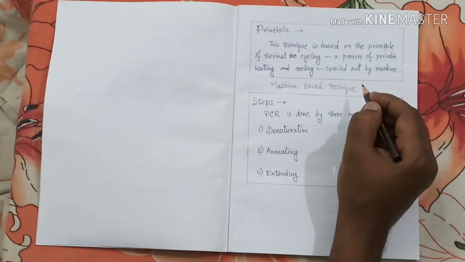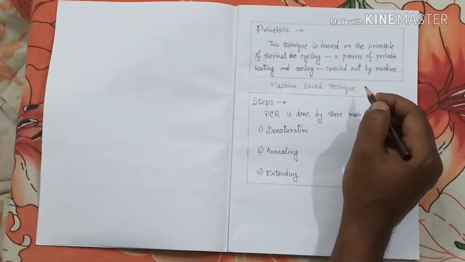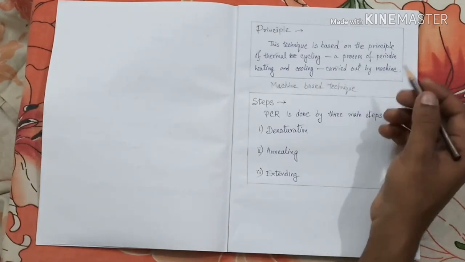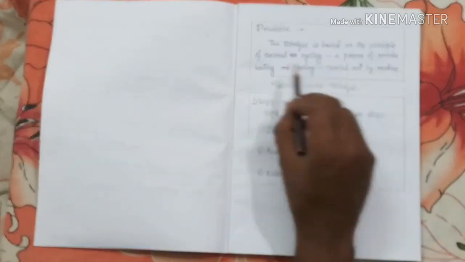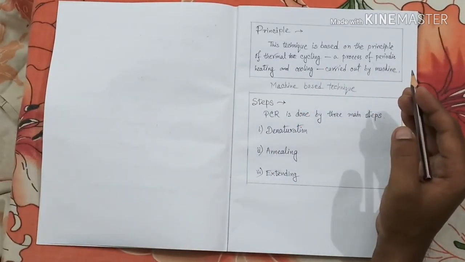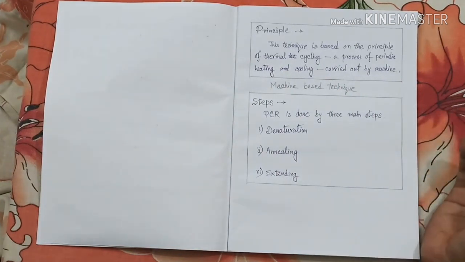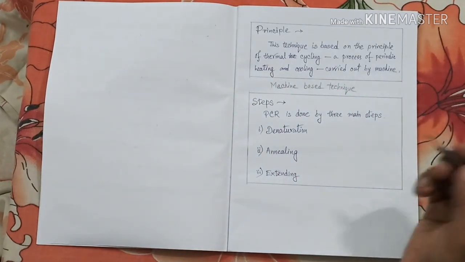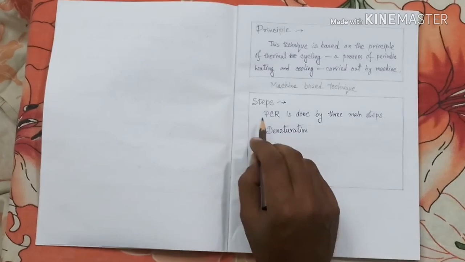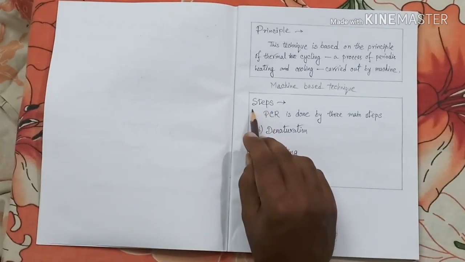All you have to do is design and program the machine prior to starting the technique, and then the machine will automatically carry out the thermal cycling within a fixed period of time, and thus it can automatically produce multiple copies of DNA.